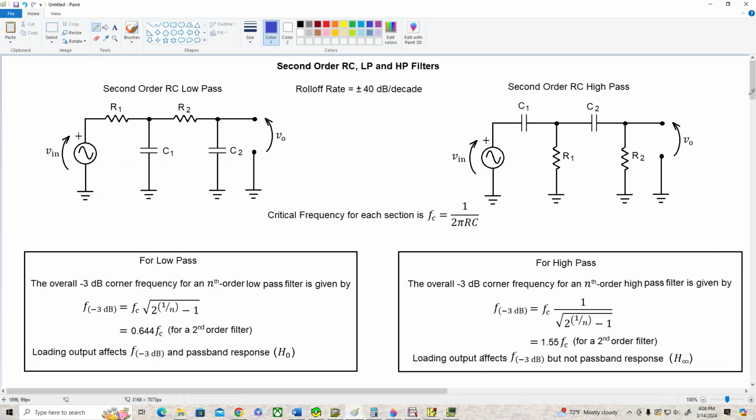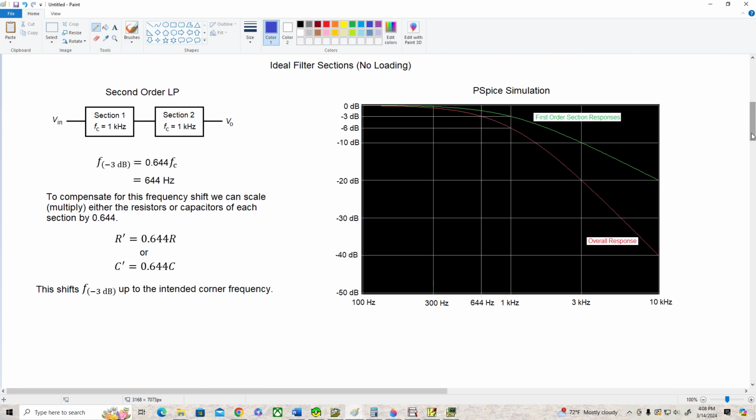Okay, now let's talk about cascaded filter sections with no loading effects. Here we've got two first order sections, each with a critical frequency of 1 kilohertz. So when we cascade them, the actual 3 dB frequency is 644 hertz. Over here on the right hand side, I've got the PSpice simulation for these filters, and the green response curve is what we'd get for either one of these first order sections.